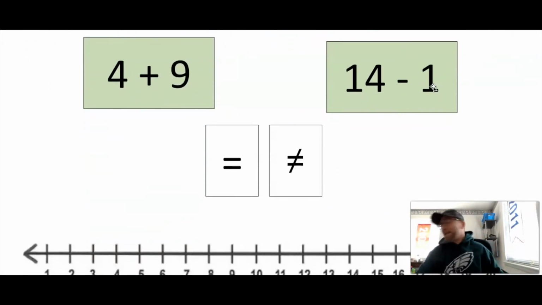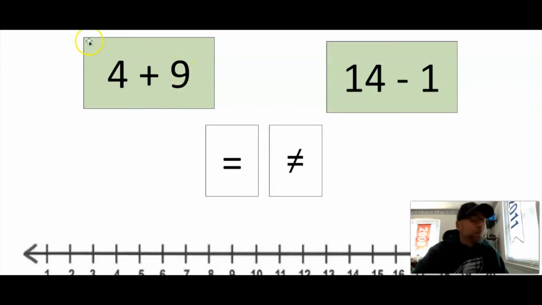Let's take a look at one last problem. Go ahead and erase off your number line if you have to. We have two number models, two cards we have to solve. Our first card says 4 plus 9. We're going to count up. Now remember the little trick. I always start at my bigger number when I want to count up. So let's start at 9 and count up 4.